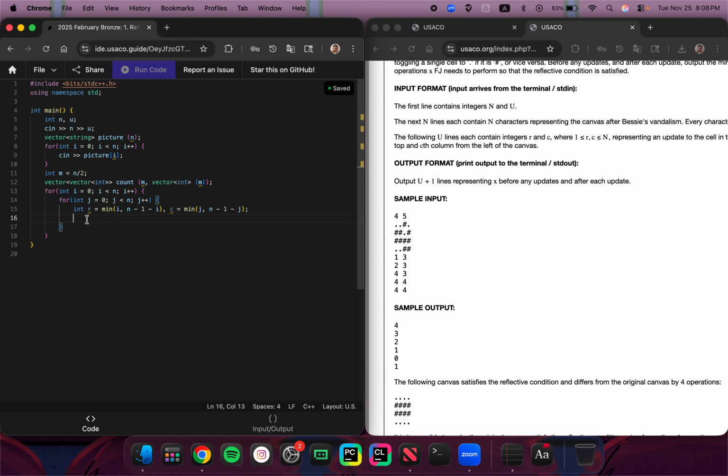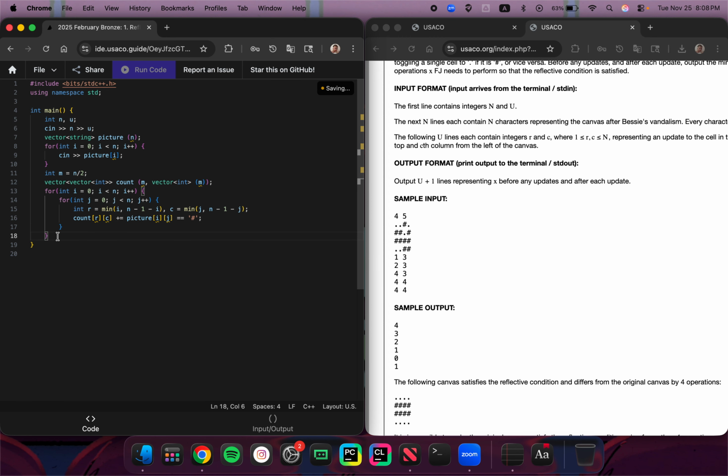And then count r c plus equals picture i j is equal to a hash.